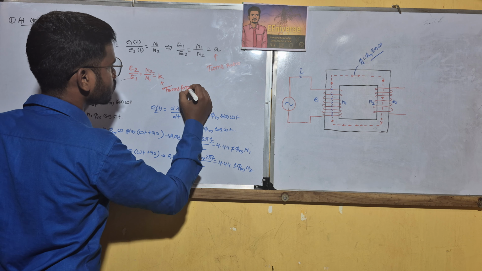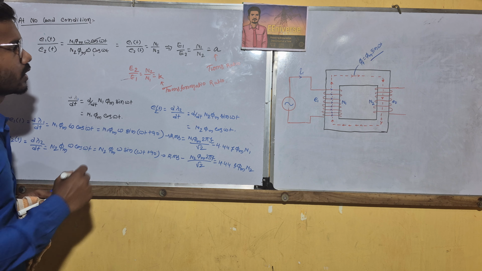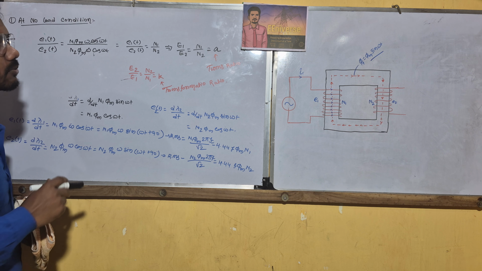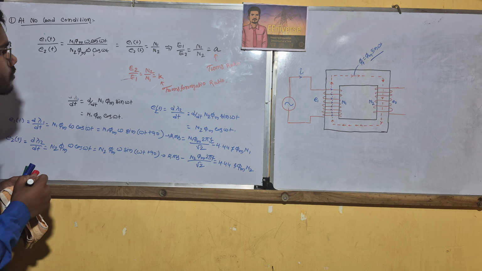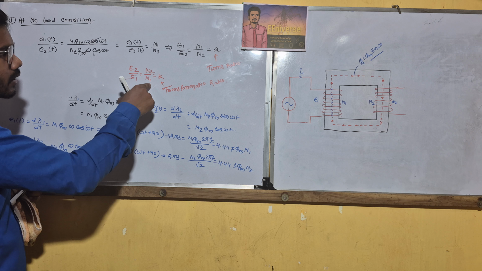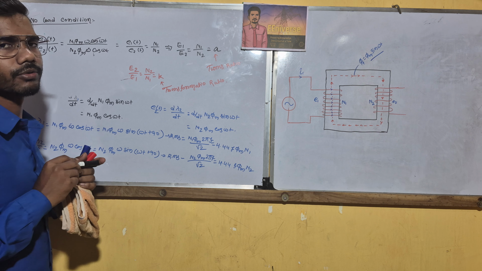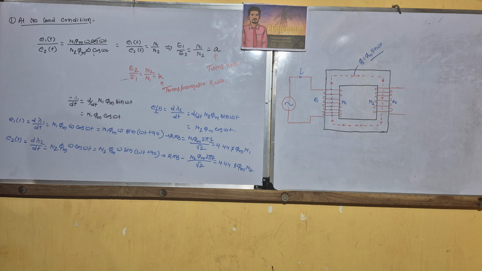So remember this point. N1 by N2 is called turns ratio, and N2 by N1 is called transformation ratio. That means secondary side turns divided by primary side turns equals K, which is called the transformation ratio.